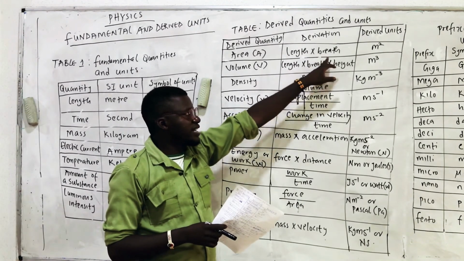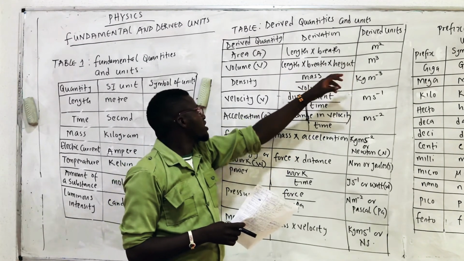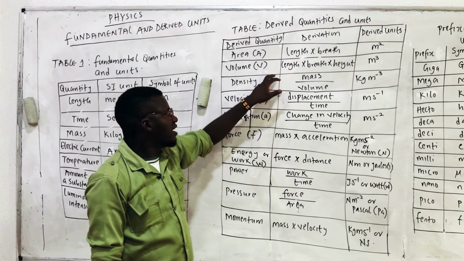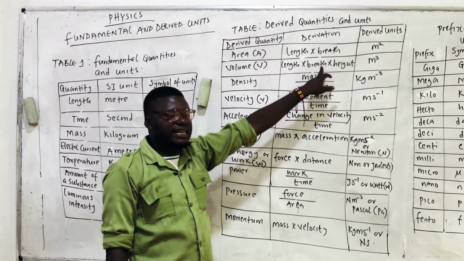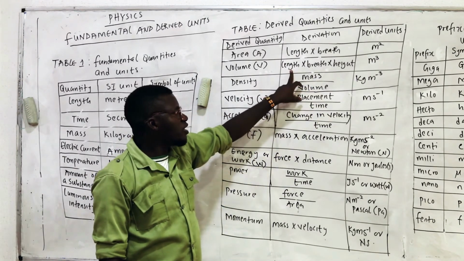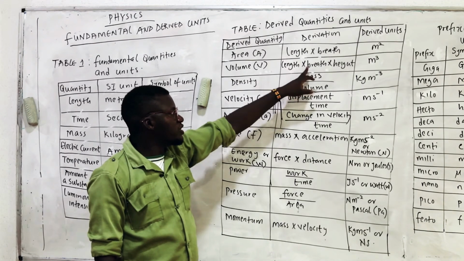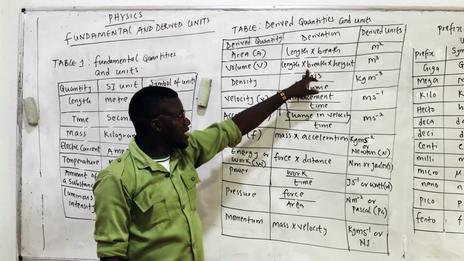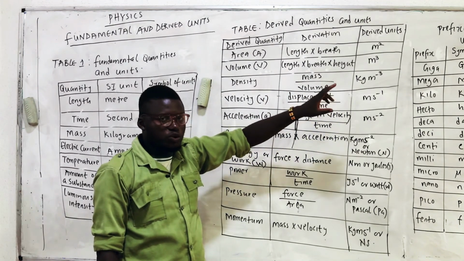So meters times meters, I'm going to have meters squared. That's the unit of area. I move to the next one, which is volume. Volume is length times breadth times height. The unit of each is meters, so meters times meters times meters, I'm going to have meter cube.